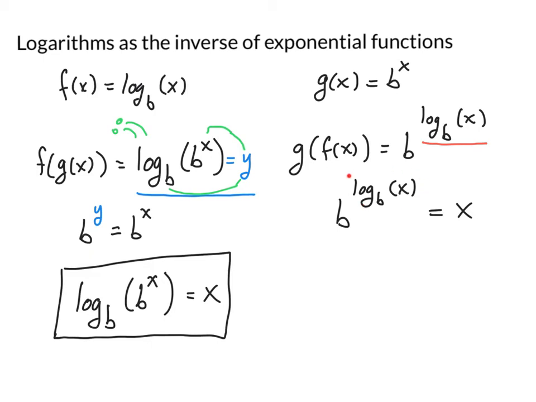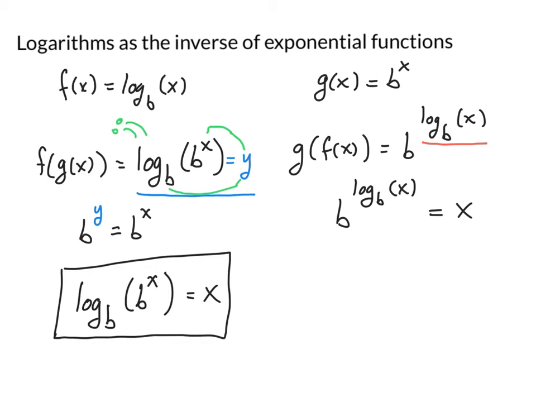I know that there wasn't a whole lot of work that we did there, but if you think about it conceptually, it might help you to go back and think about what the definition of logarithm is. I've said it a few times, I'll say it once more. This is the exponent that I have to put on top of b to get back a result of x.